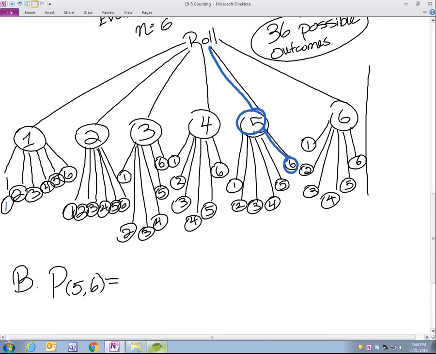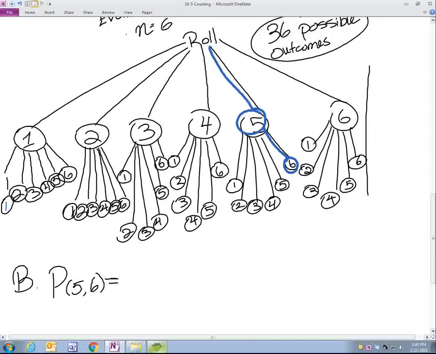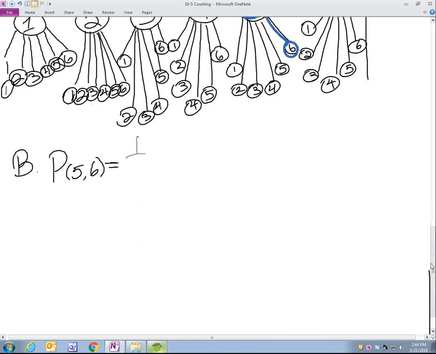How many of those, at the very end of the final outcomes, how many of those did I circle in blue? Yeah. There's just one. So there's only one chance out of how many? 36. Out of 36. So it's 1 out of 36.